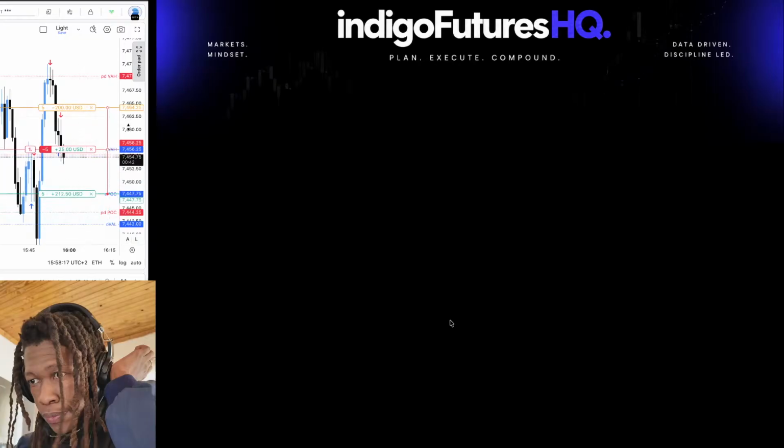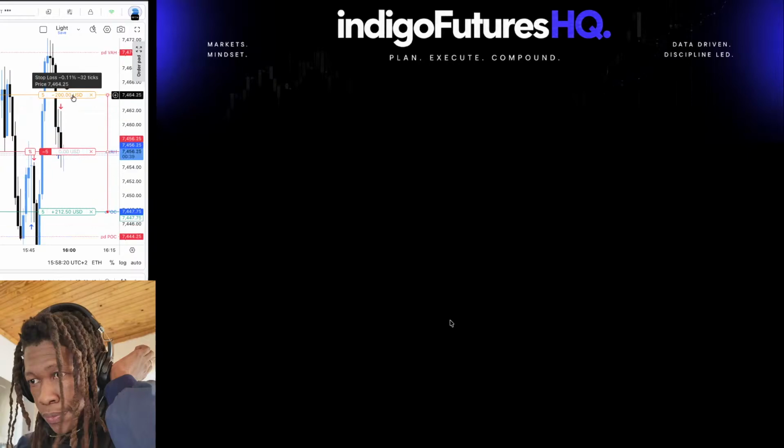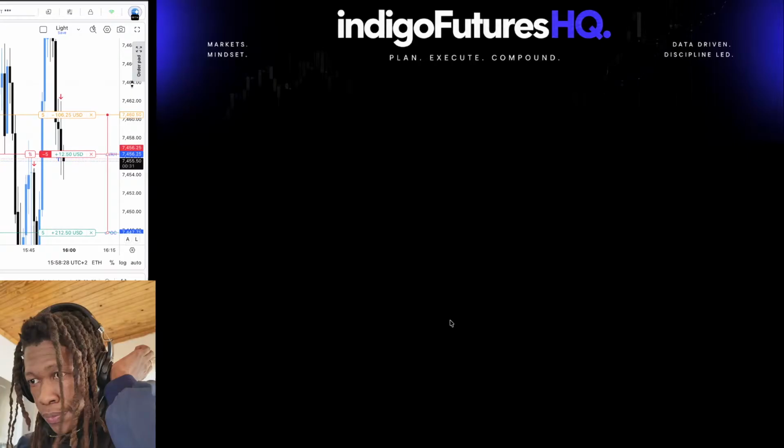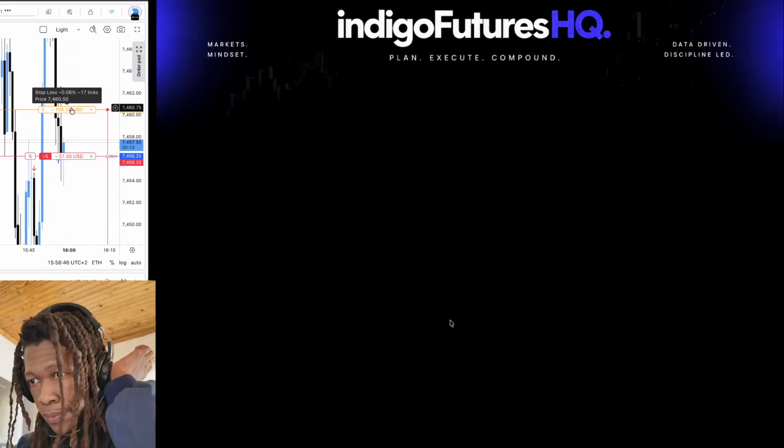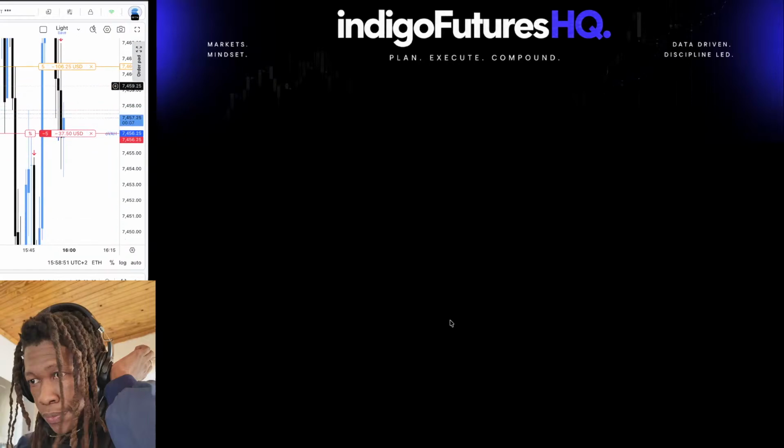Keep it above. Yeah. I like that. It's a very tight stop, but below this. Otherwise, we're stopped out.